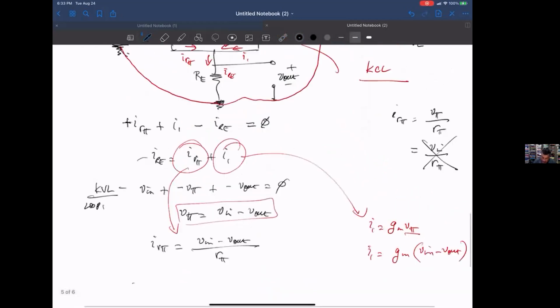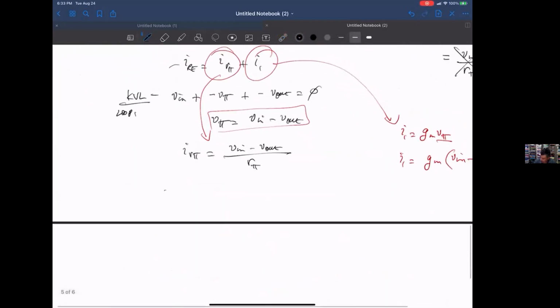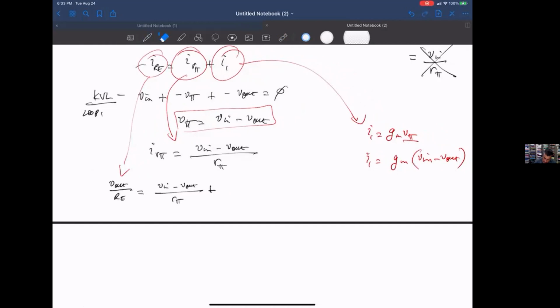So I sub RE is V out over R sub E. Okay, so this is V out over R sub E. So that is equal to IR pi, which is Vn minus V out over R sub pi, plus I sub 1 from here, which is gm times (Vn minus V out).